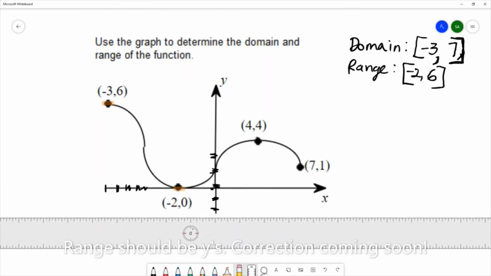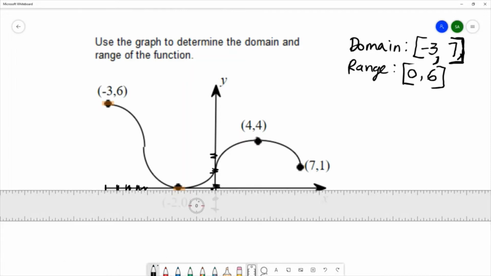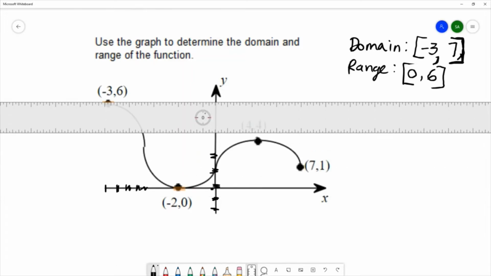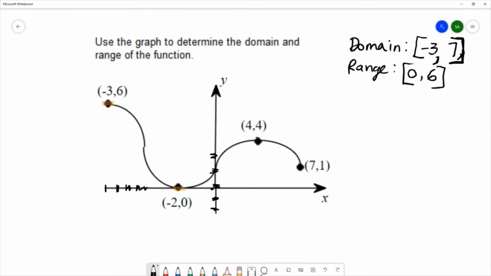But I wrote down the x value of -2 when I should have written down the y value of 0. So let's correct that. We have our range starting at 0 and continuing on until we get to this y value here of 6. So the range is actually from 0 to 6.